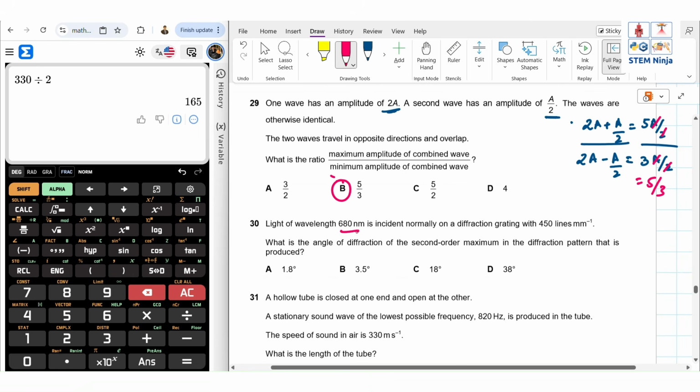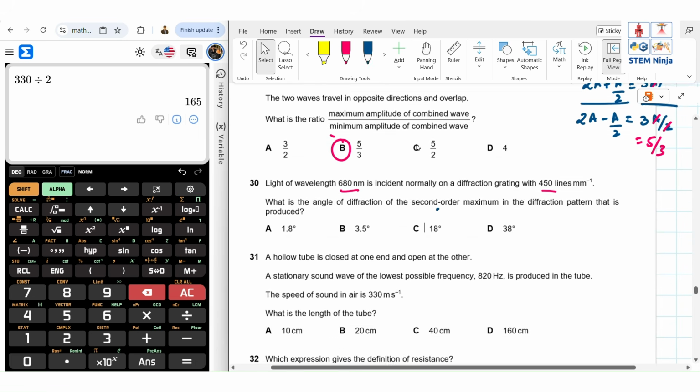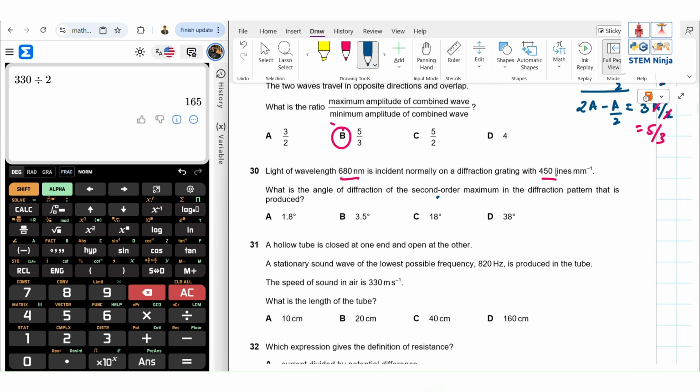Light of wavelength 680 nanometers is incident normally on a diffraction grating with 450 lines per millimeter. What is the angle of diffraction in the second order maximum in the diffraction pattern that is produced? Okay, first off, we need to figure this out. 450 lines per millimeter.